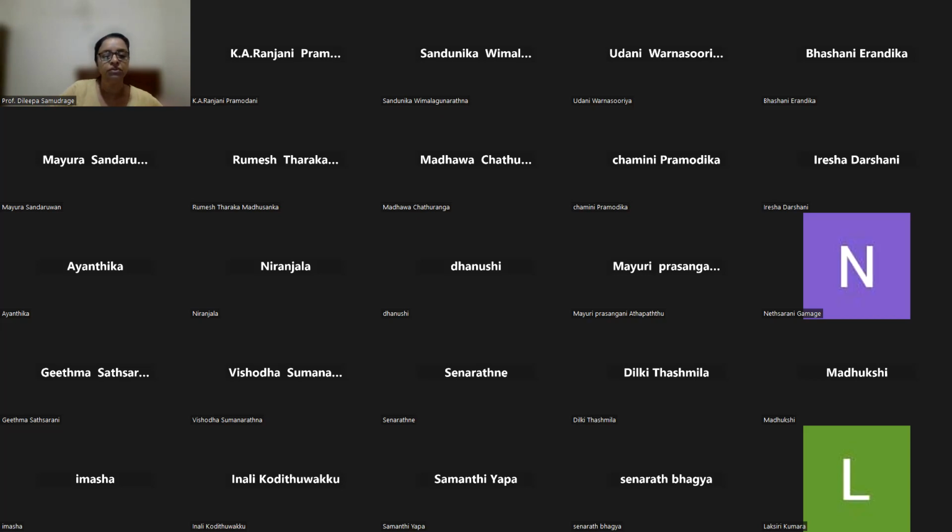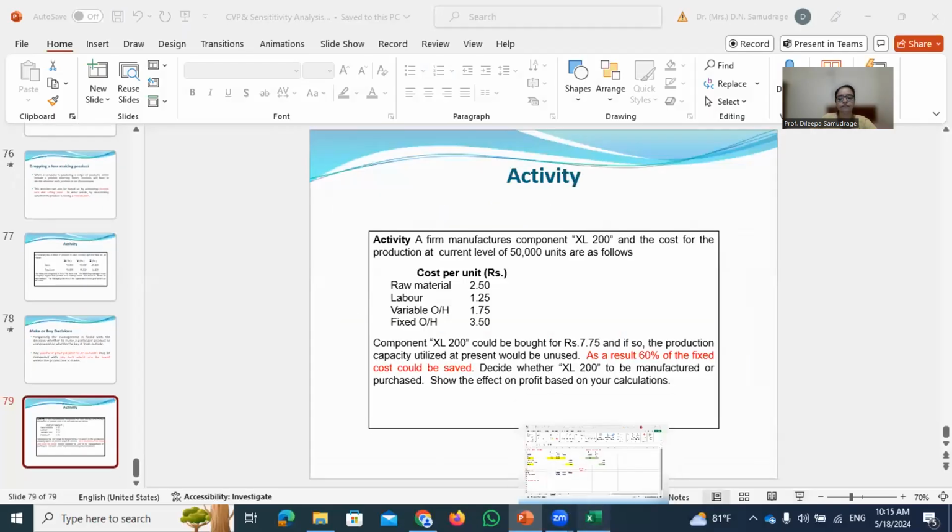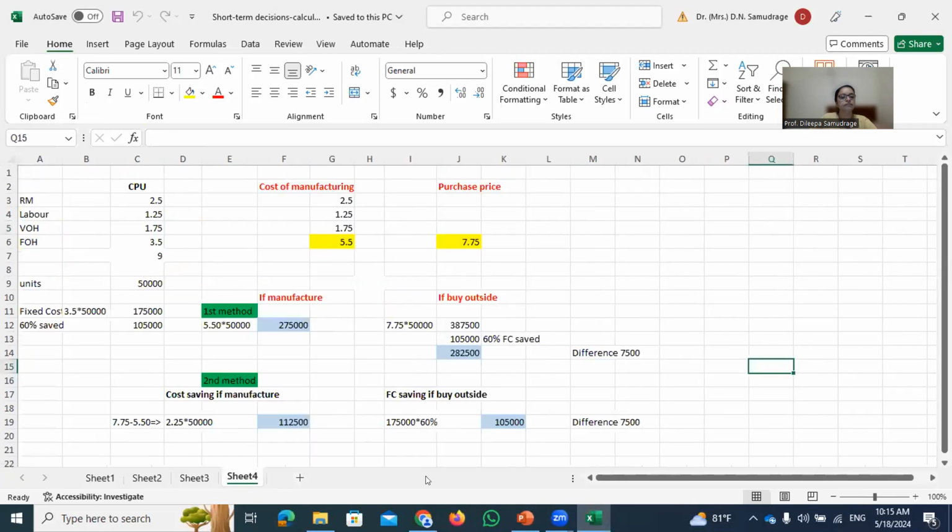I'll show the explanations. So this is how you have to show your calculation. So cost of manufacturing is 5.5, so without fixed cost, right?